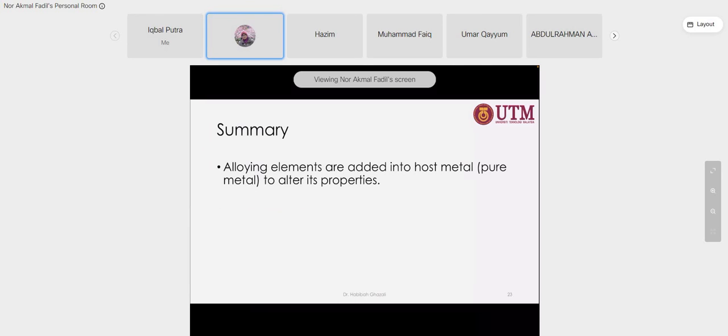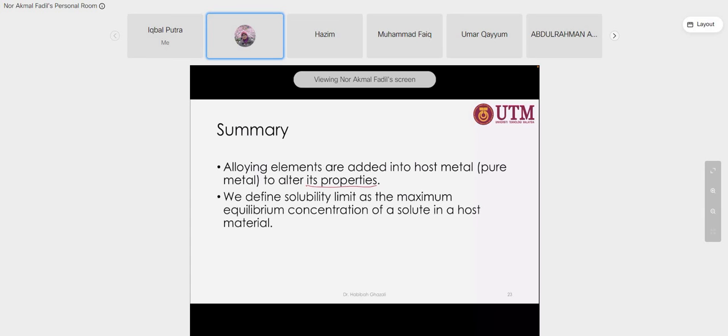So in short, alloying elements are added into a host metal, which is a pure metal, to alter its properties. The pure metal does not have the best properties, but if you add other elements, you can improve certain weaknesses of the pure metal.